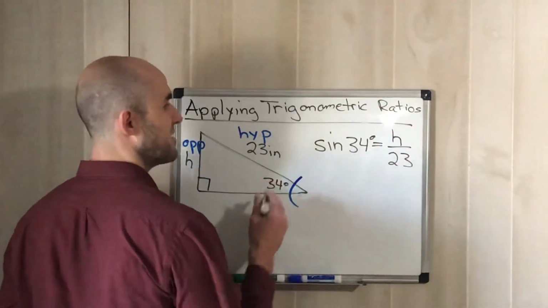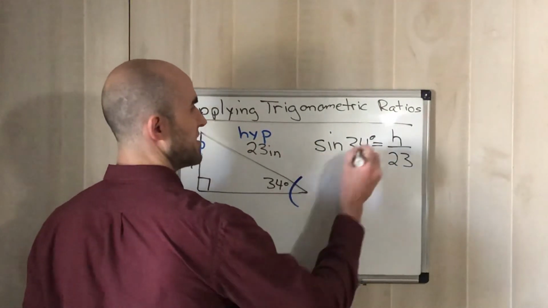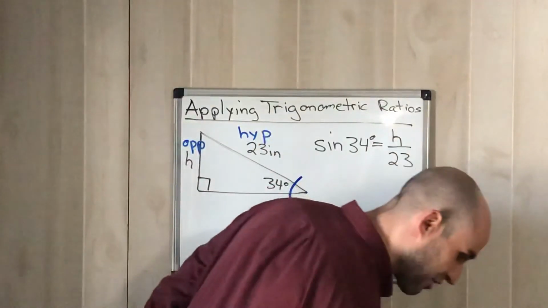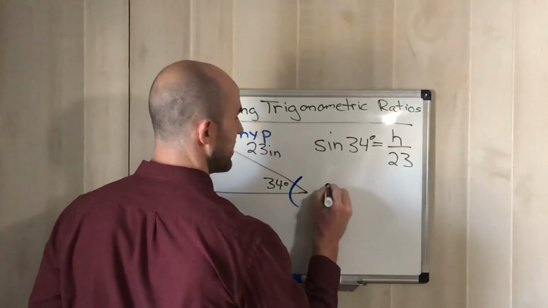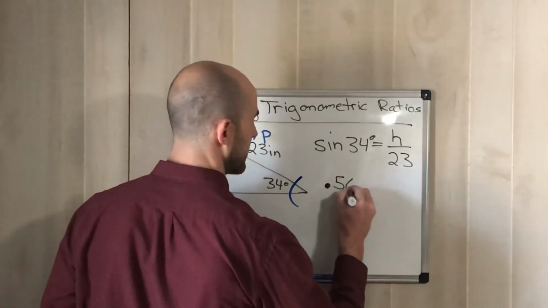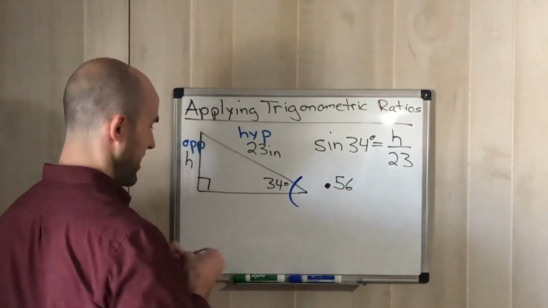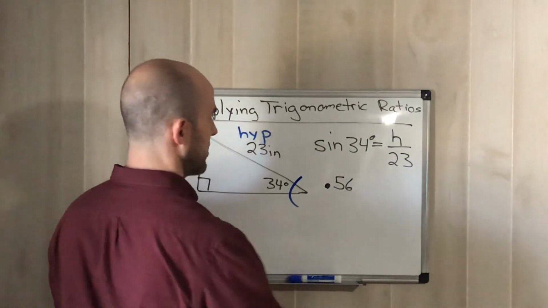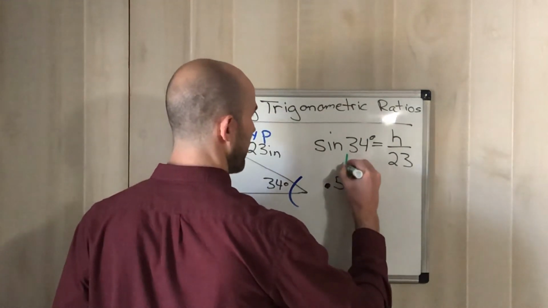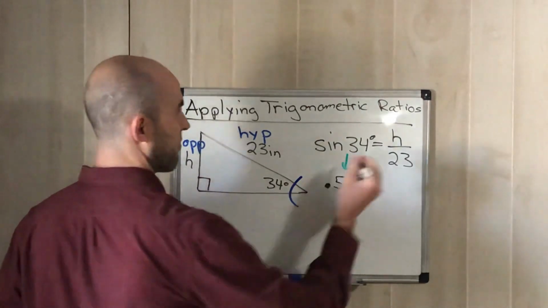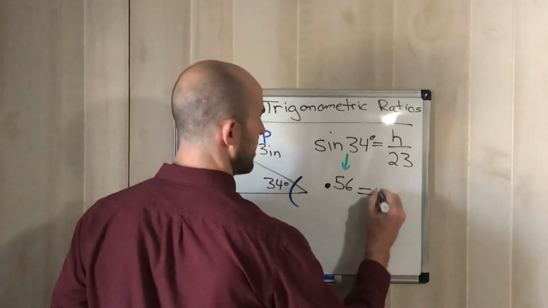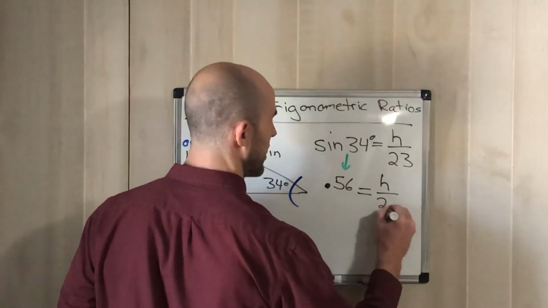Once you have this, first thing we have to do, sine of 34. Sine of 34 is going to give us 0.56. Just estimated it. And then we bring down the rest, right? Equals h over 23.